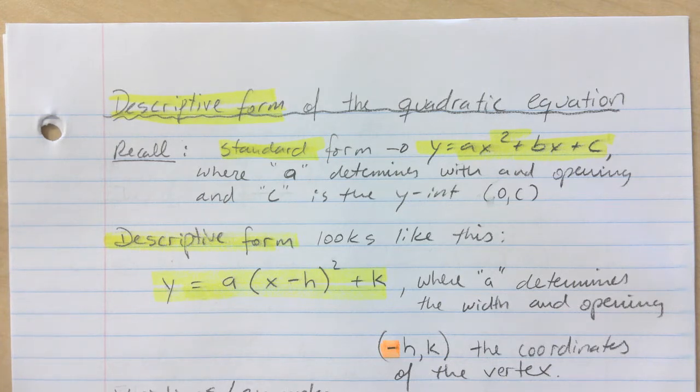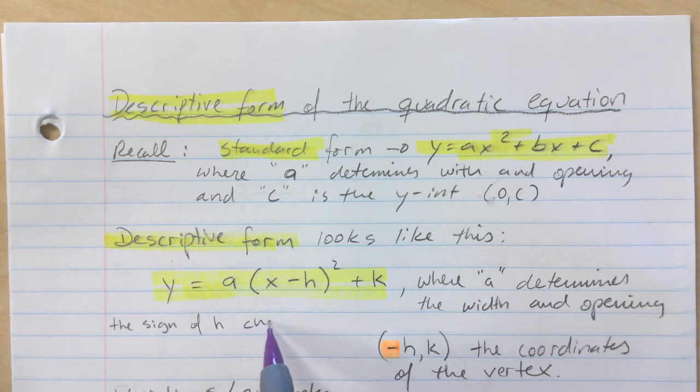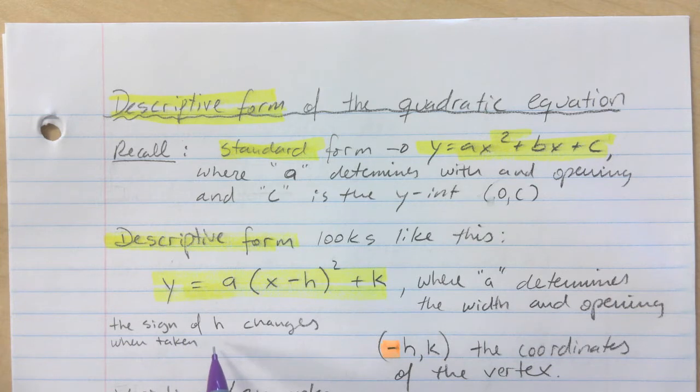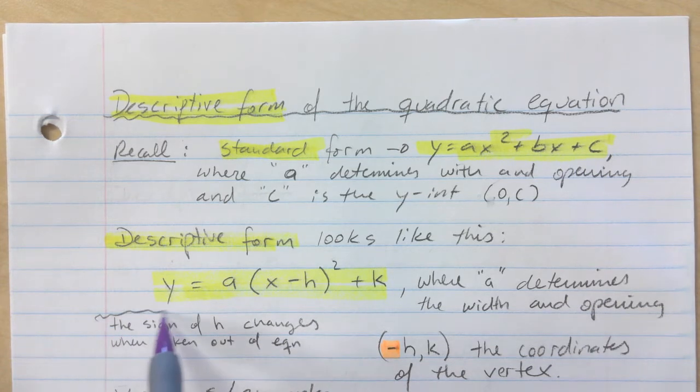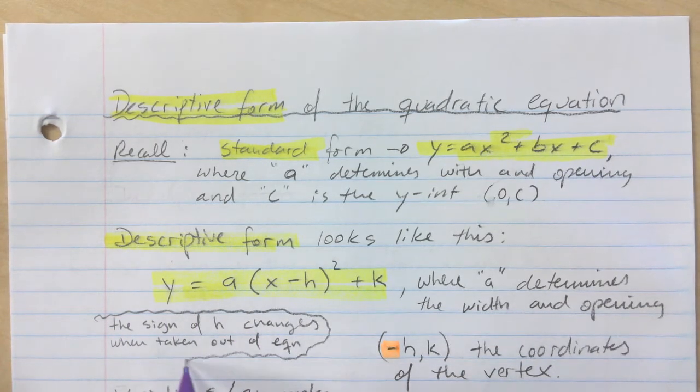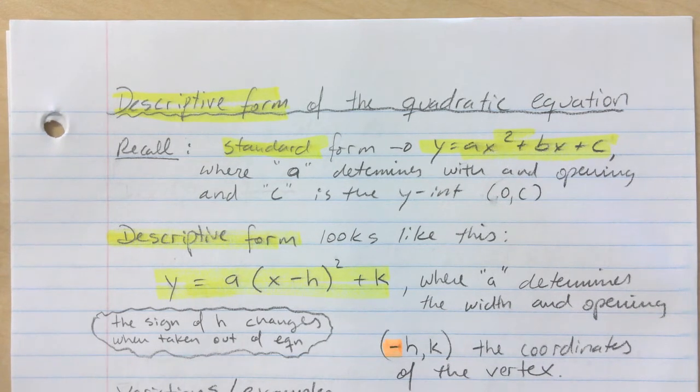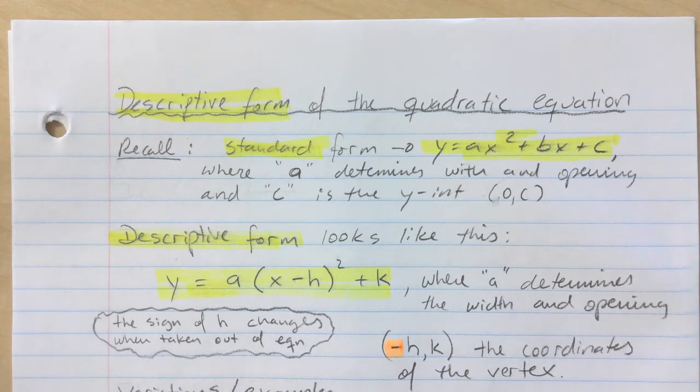And I'll add that the sign of H changes when taken out of equation. And you'll see, we'll do some examples later. But whatever the sign is in the equation, it changes when it comes out, and that negative takes care of it. Okay?